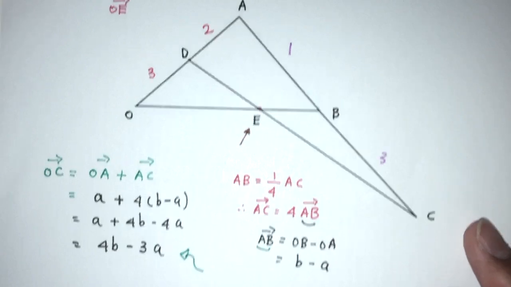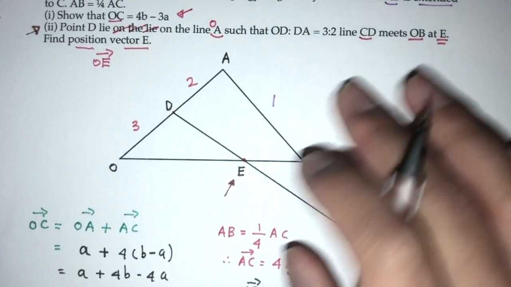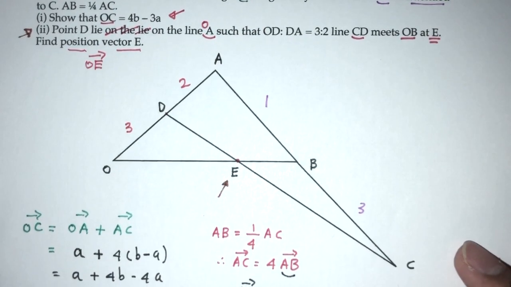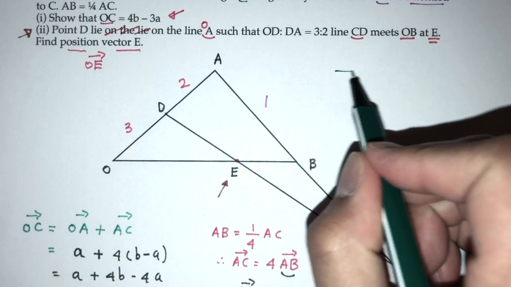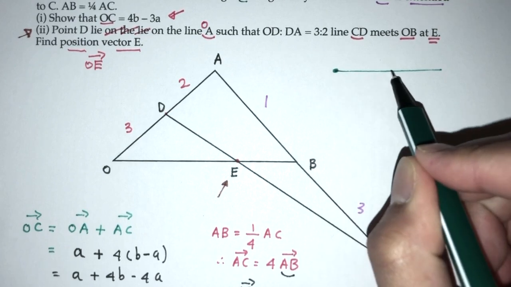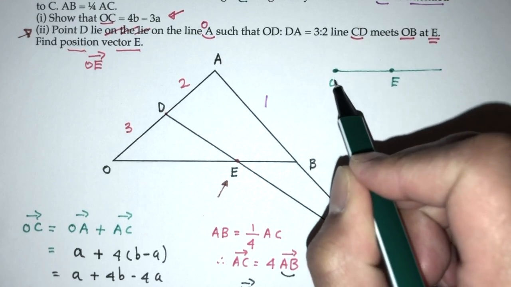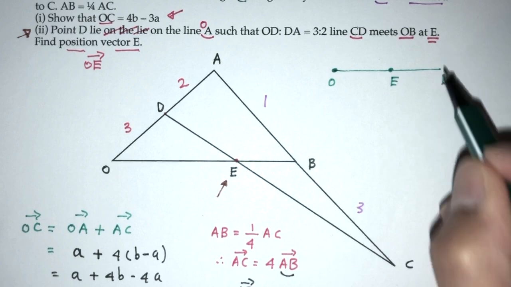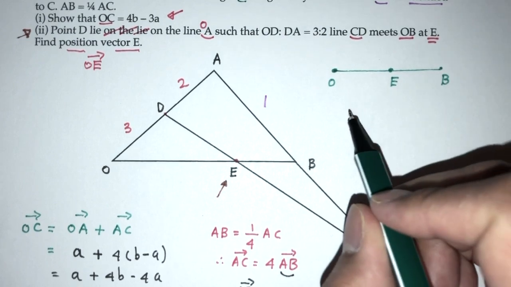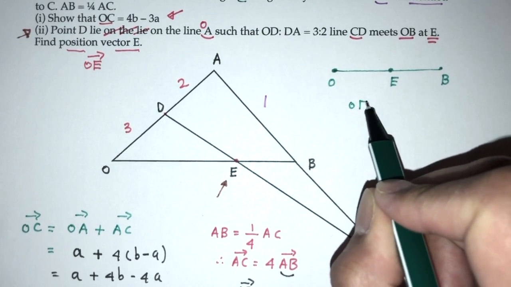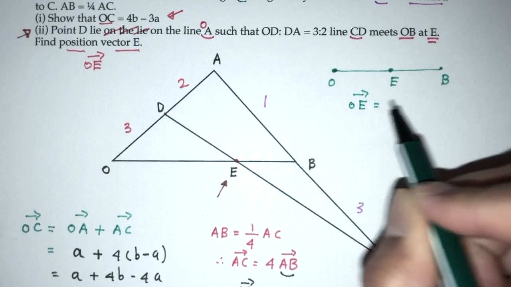Let me write this over here. Because I know O, E, B are on a straight line, the 3 points lie on the straight line, I can form equations. I can say, for example, OE has to be a multiple of OB.